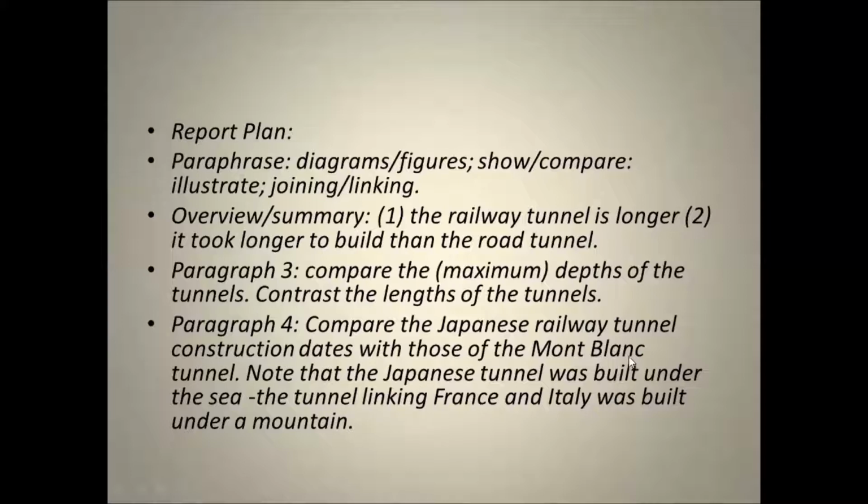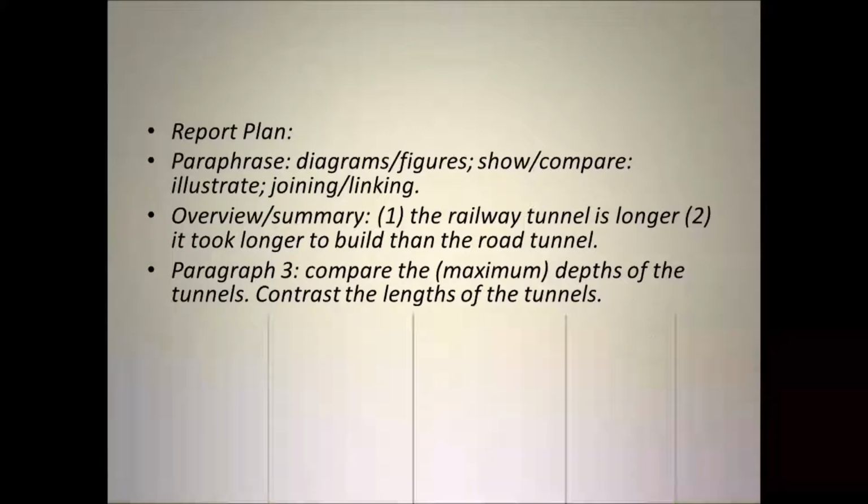There you can compare the time taken to build the Japanese railway tunnel, and also the time taken to build the Mont Blanc tunnel. And the other difference is that the Japanese tunnel was built under the sea, while the tunnel linking France and Italy was built under the mountain. So these are the major differences which we can compare in these two diagrams.